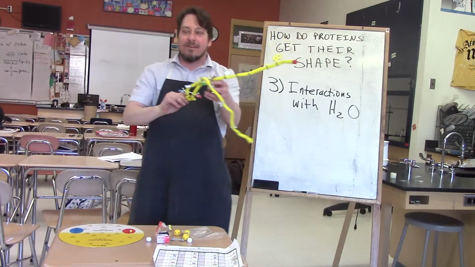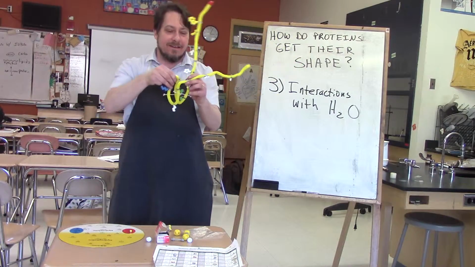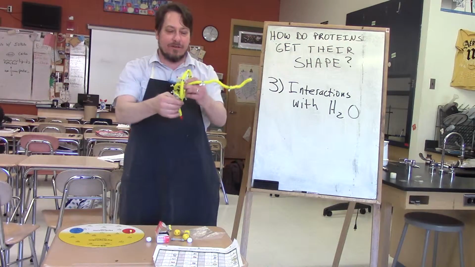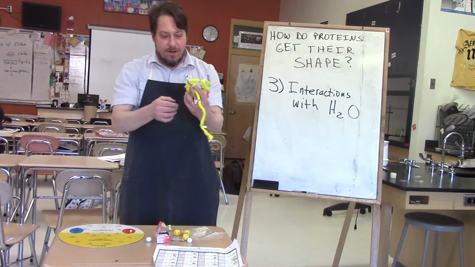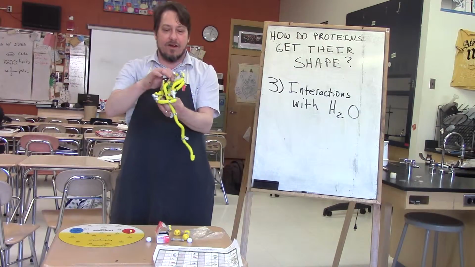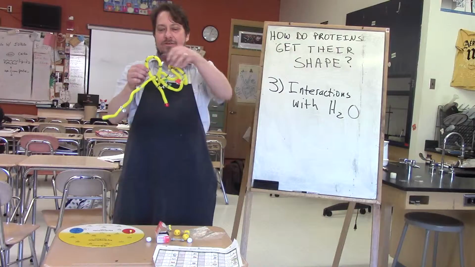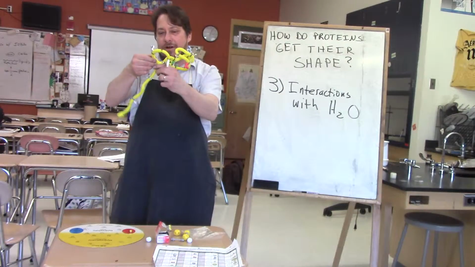They're going to tend to find a center and dive into it, and so all of the yellow ones you might picture trying to get away from the water, whereas the ones that are polar, they might pop up and try to interact more with the water.